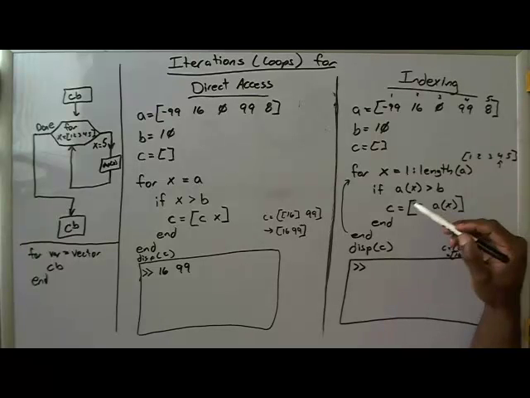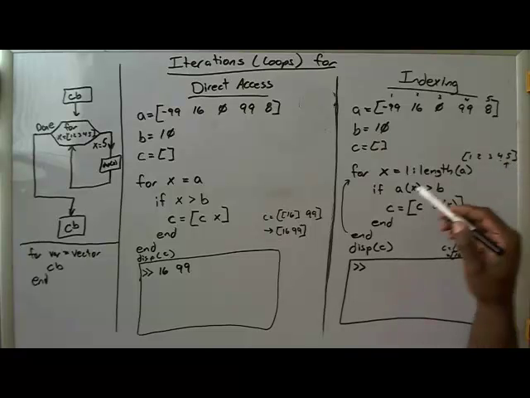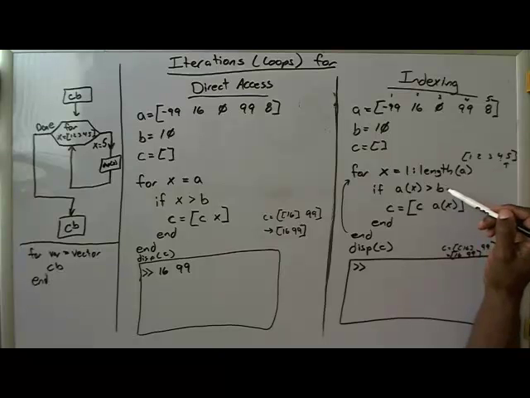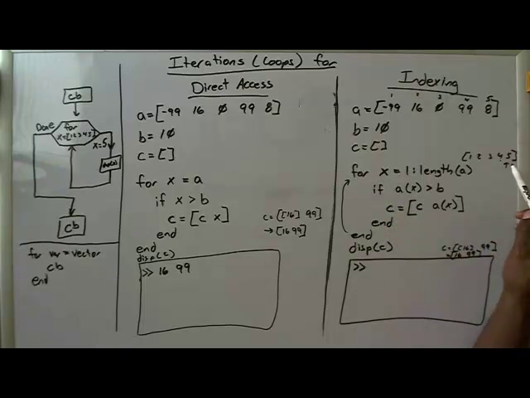So now you come back through, x is now equal to 5. You ask yourself, is A indexed at 5, which is the value 8, greater than B, which is 10? No, so you skip that. You're done with your loop because you've gone through every value of x, every value in this vector.